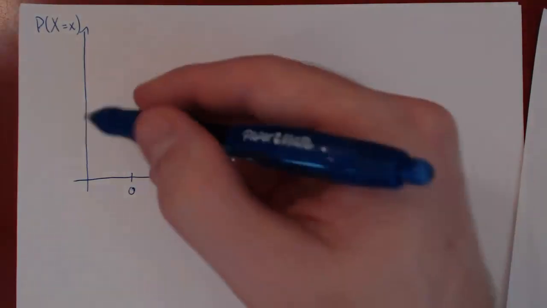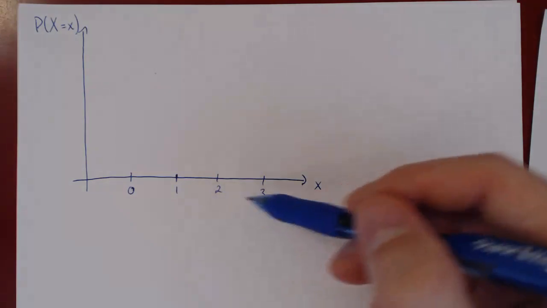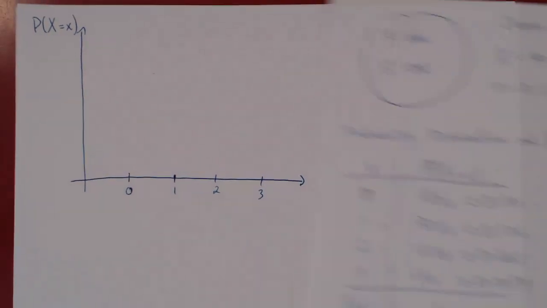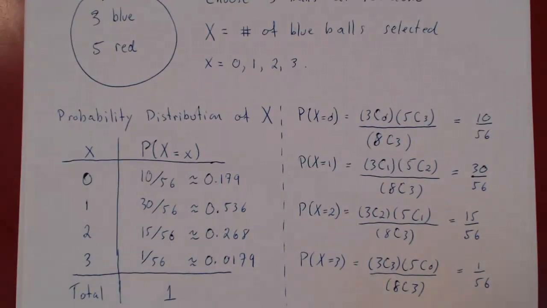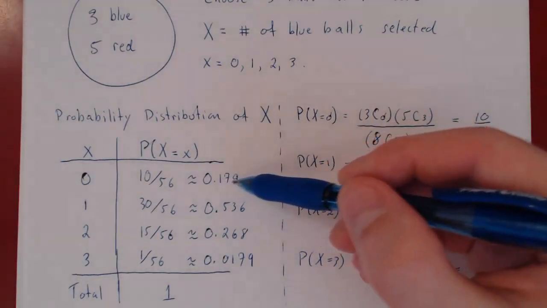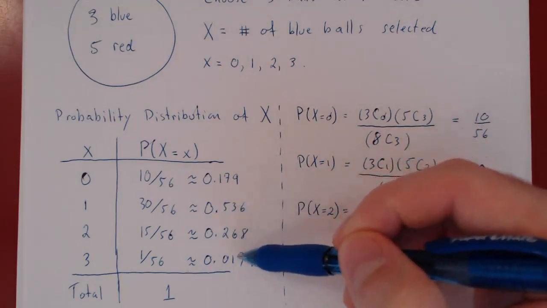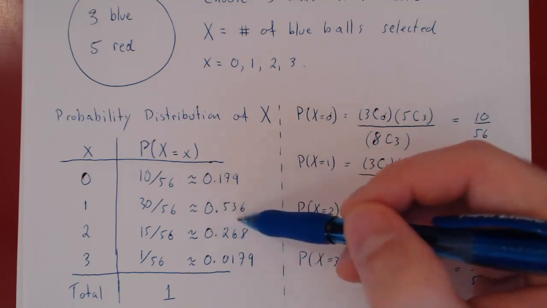And now along our y-axis, where we'll include the probabilities for each possible value of x, we don't have to go up to 100%. Simply go up to about the largest probability. So roughly 0.18, 0.53, 0.27, 0.018. So we'll go up to, let's say, 0.6, 60%.